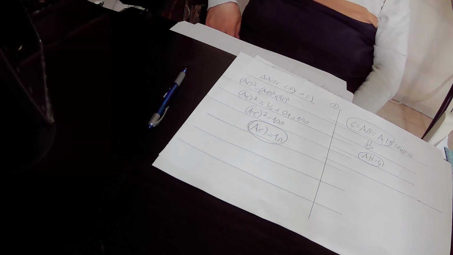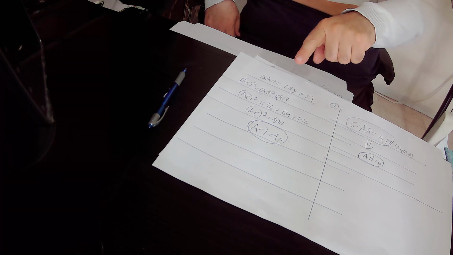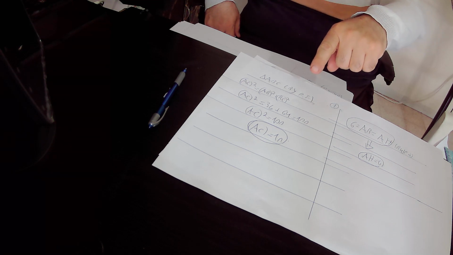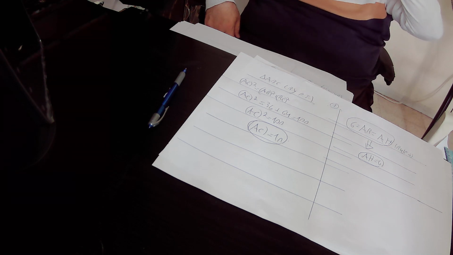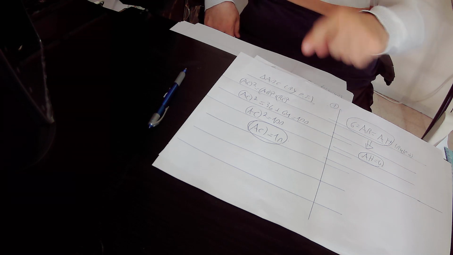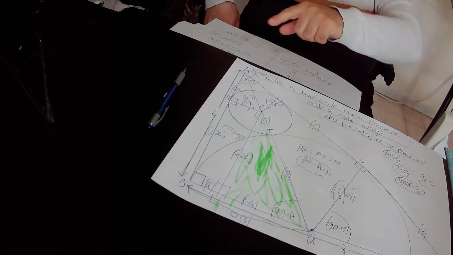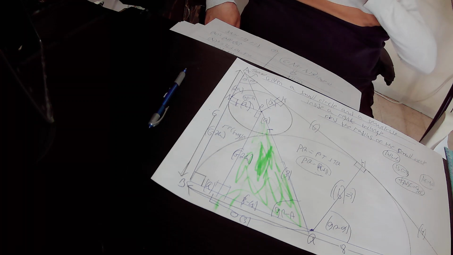So in total, we found that AC square equals 36 plus 64, that is 100. So AC square equals 100. We took the square root of this equation, and finally found that the length of the hypotenuse AC equals 10 units. This is the hypotenuse AC of the right triangle ABC, and it equals 10 units in length.